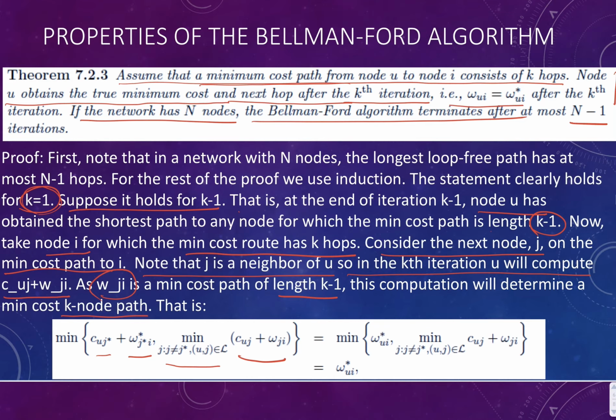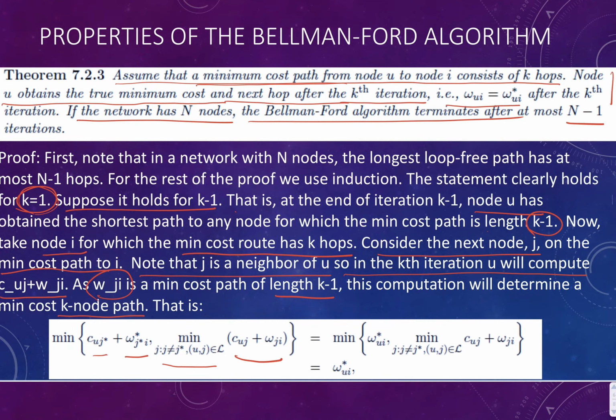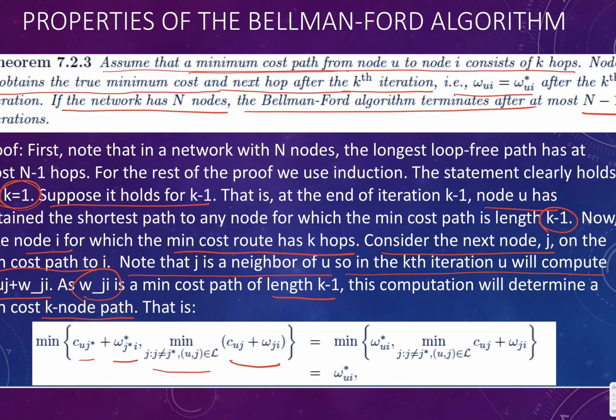Now, since we assumed that node I has an optimal path that is at distance exactly k, the result of this comparison operation will give us this optimal cost, which will be the k-hop path.